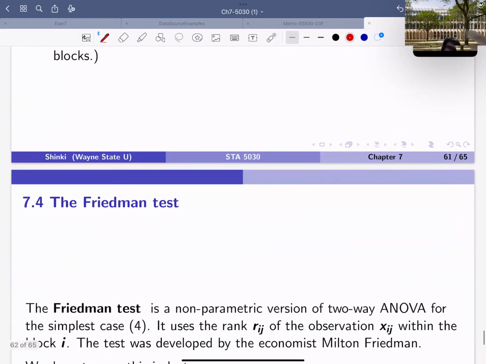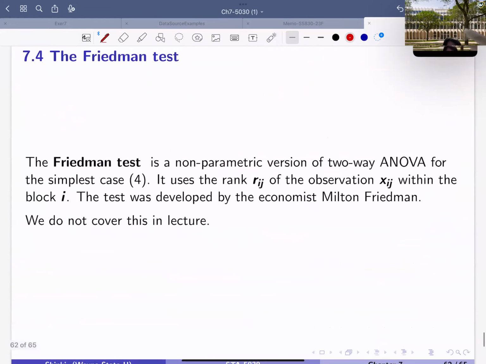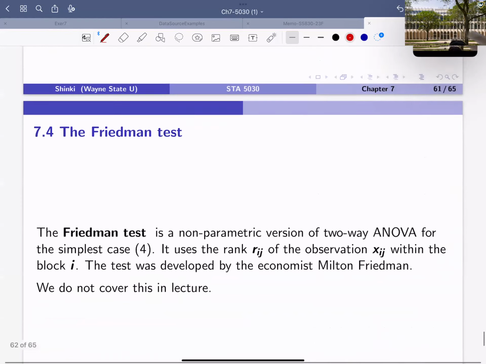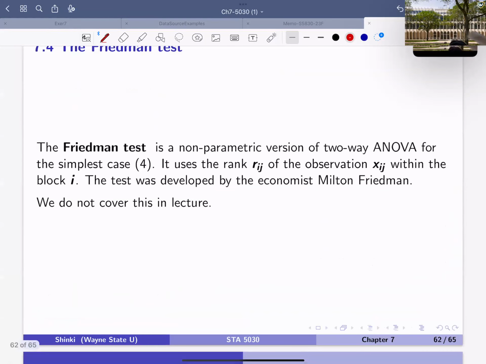Okay, so what time? 45. Okay. And yeah, I would like to finish this slide. So we have discussed the t-test, under the normality assumption, that we did for 2 groups, and the multiple groups ANOVA.